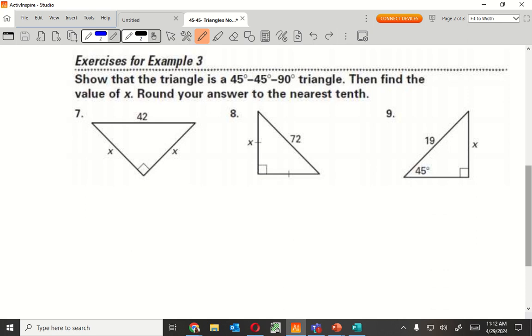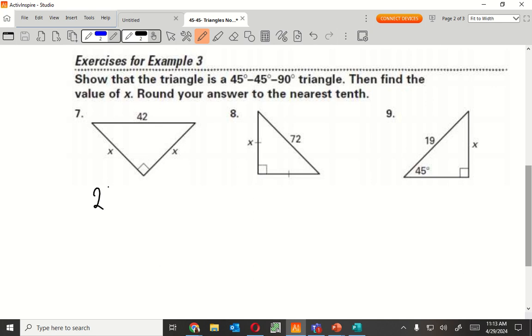You guys ready? Archer, what do you got for 7? X is equal to 42 times the square root of 2 divided by... Can you simplify it a little bit better?